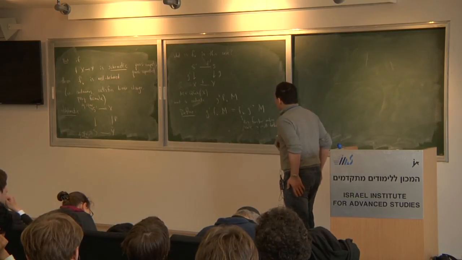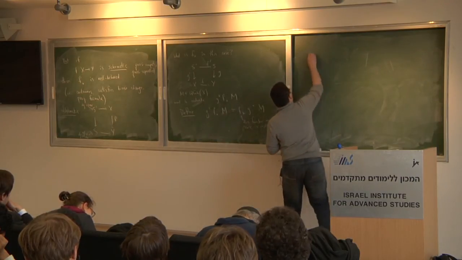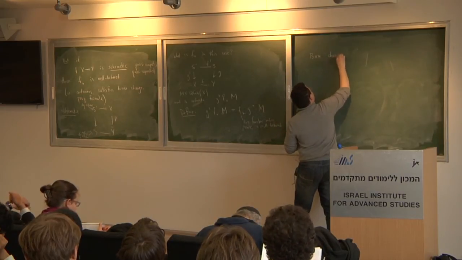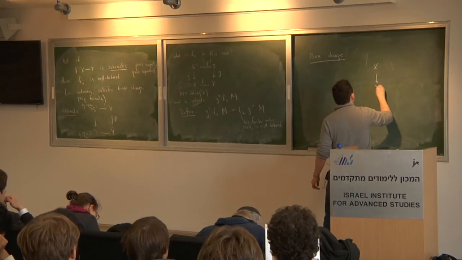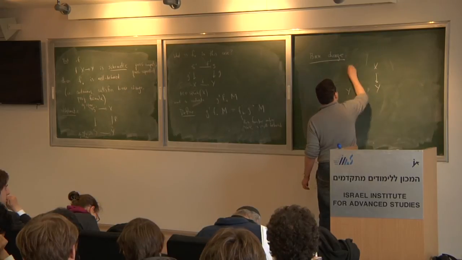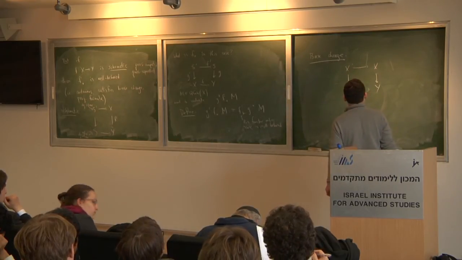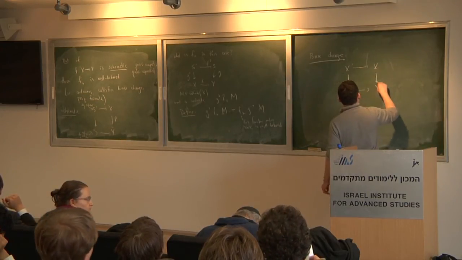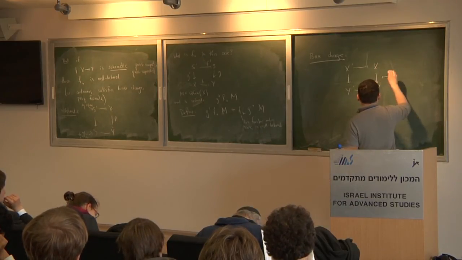Okay, so we have these functors. Let me formulate what base change means, as I promised. Suppose I have a map from X to Y, and suppose this map is schematic.